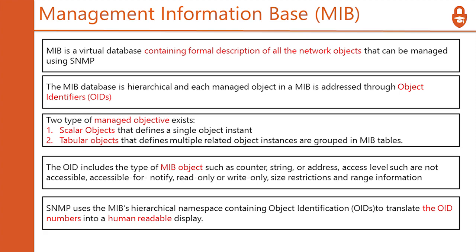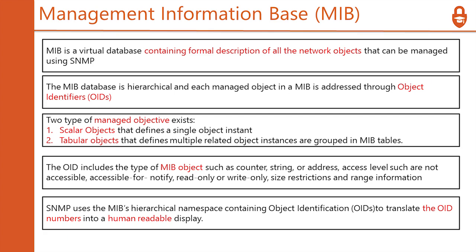The MIB, the Management Information Base, is a virtual database containing formal descriptions of network objects that can be managed using SNMP. The MIB database is hierarchical, and each managed object in a MIB is addressed through object identifiers, or OIDs. Two types of managed objects exist: scalar objects and tabular objects. Scalar objects define a single object instance, and tabular objects define multiple related object instances and are grouped in MIB tables.